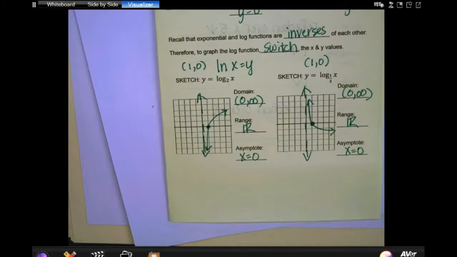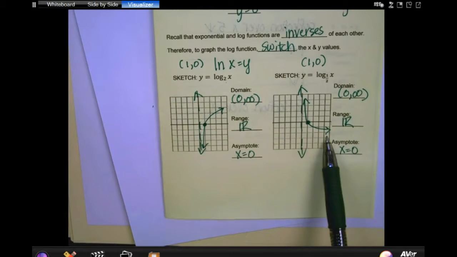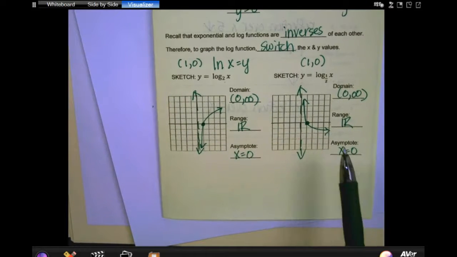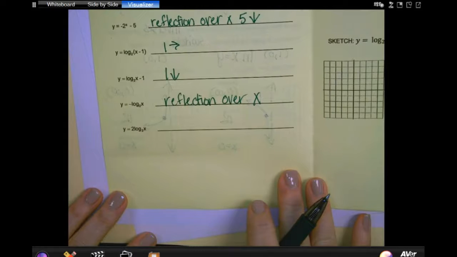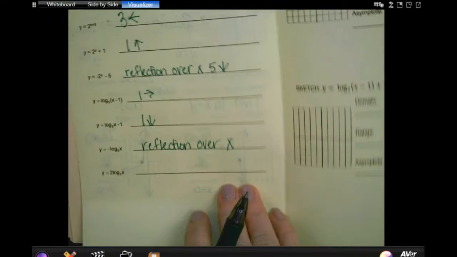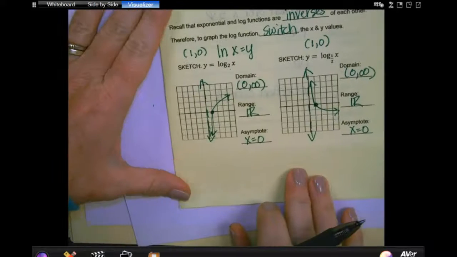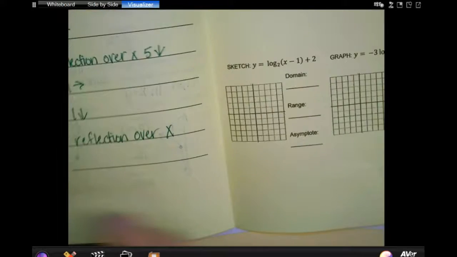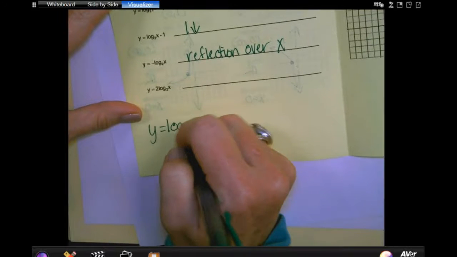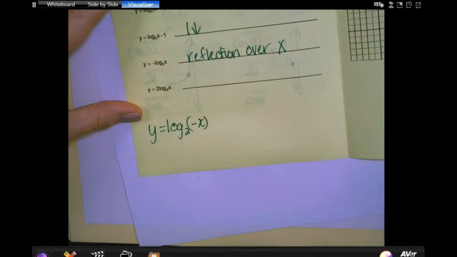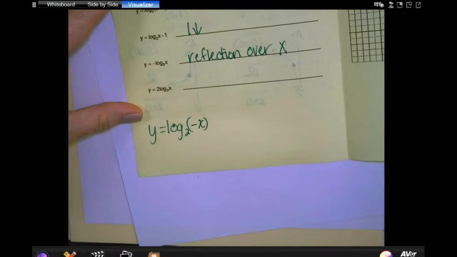It would flip it, so what's it going to end up looking like? It's going to look like this one, right? Because it's upside down. So it's a reflection over the y if it's with the x. So that would look like this. That's a reflection over the y.